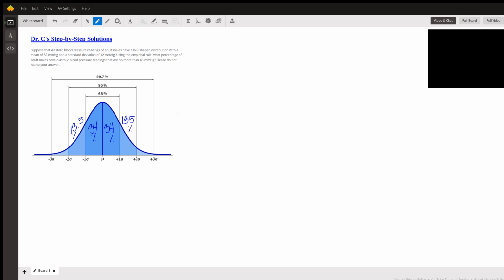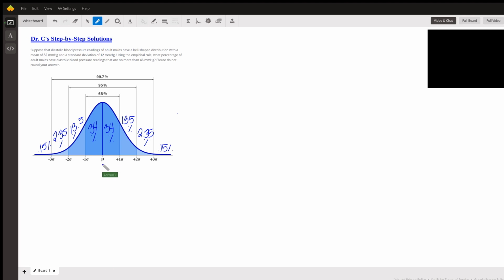If we look at 3 standard deviations, it would give us about 2.35% on each side, and if we keep going, that's 0.15% on each side.